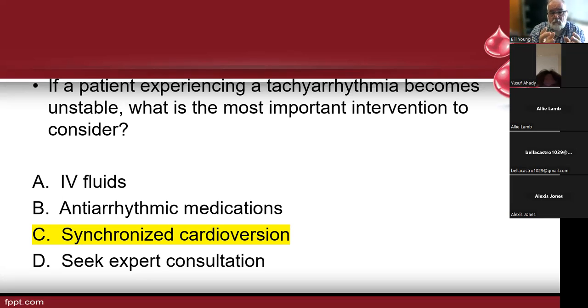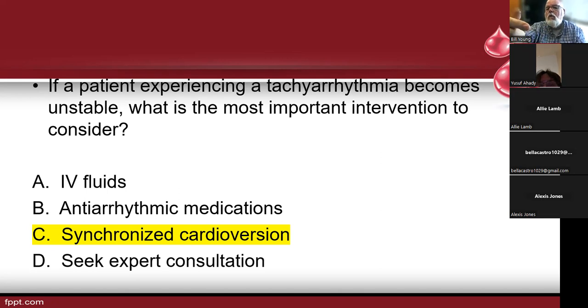In SVT, what we're doing is we're wiping out all of those atrial impulses that are coming down. If we're not entirely sure if it's SVT or VTAC with a pulse, cardioverting the patient, if they are symptomatic, is going to be the treatment for both of them.